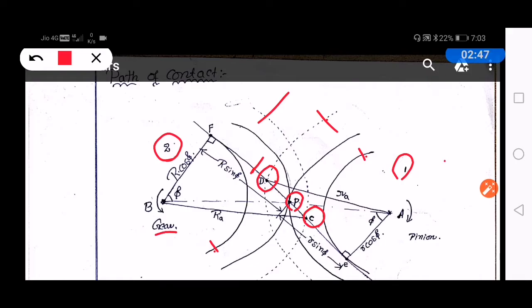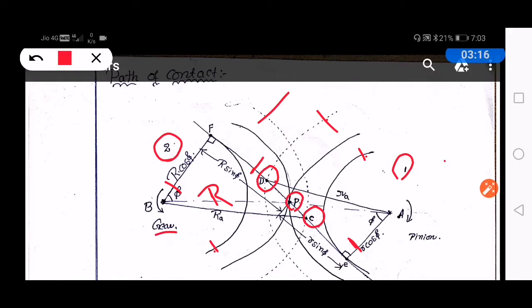If you see here, this line is perpendicular to the line of action from the center of the pinion, and this line is perpendicular to the line of action from the center of the gear. Here, P to B is capital R, the pitch circle radius of the gear.